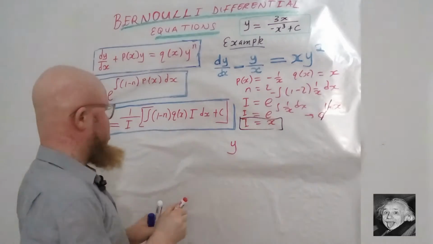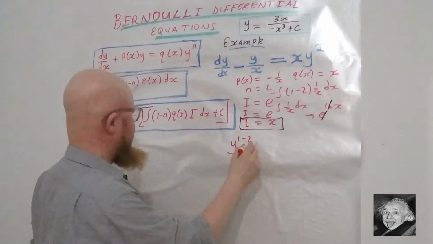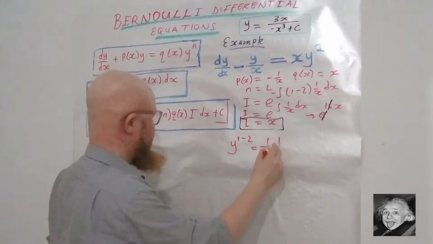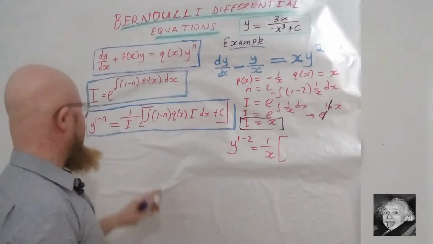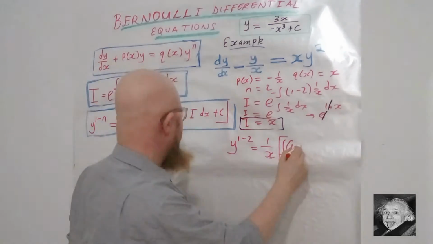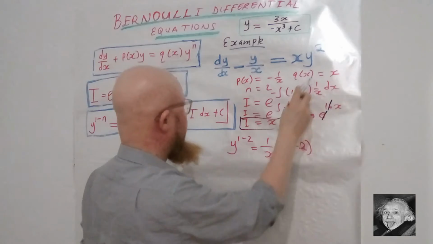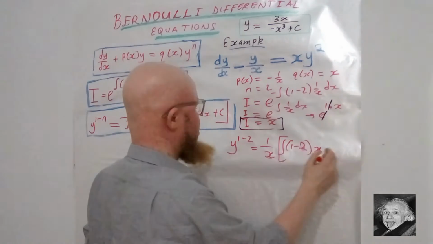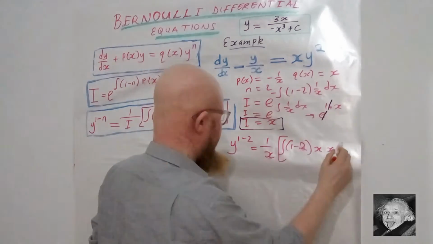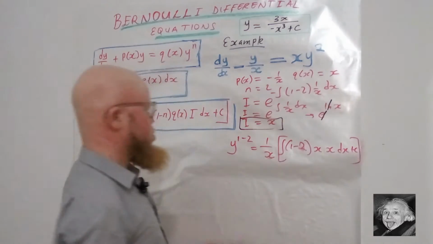I need y to the power 1 minus 2 to be equal to 1 over my integration factor, which is x, times the integral of the integration factor x, times 1 minus n where my n is 2, times Q of x where my Q is x, all this dx plus c. So that's how we are going to do it.